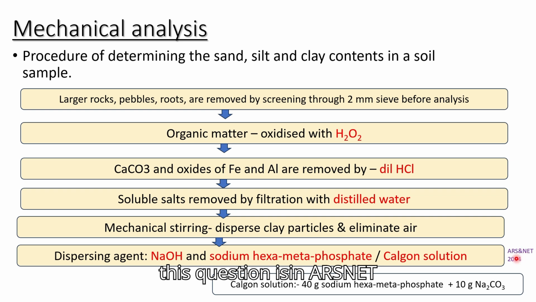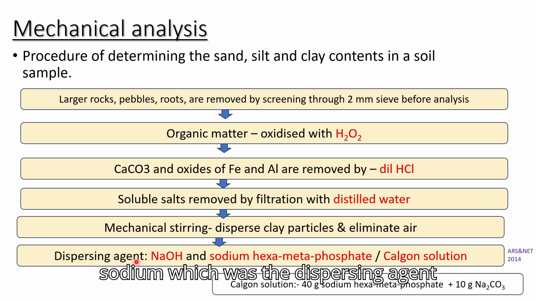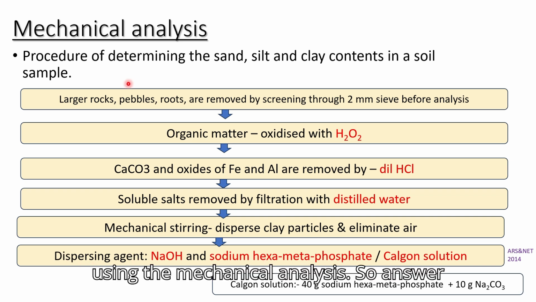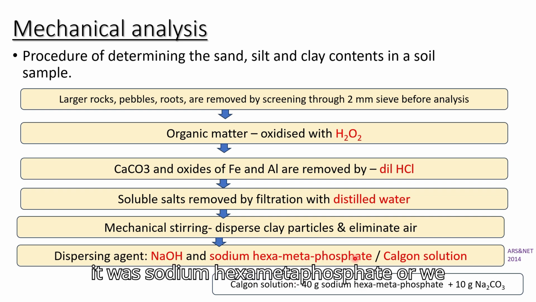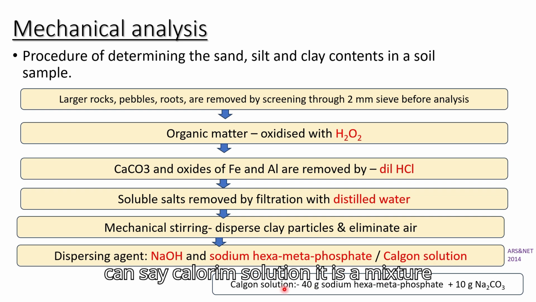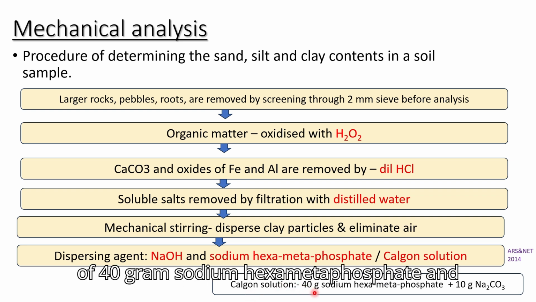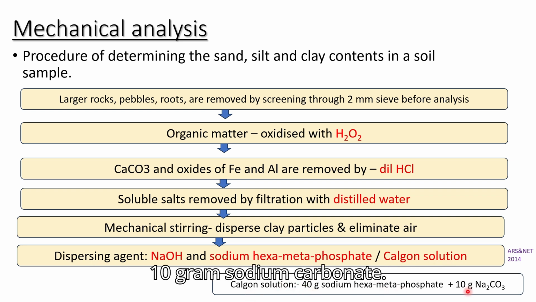This question was asked in ARS NET 2014: which dispersing agent is used in mechanical analysis? The answer is sodium hexametaphosphate, or we can say Calgon solution. It is a mixture of 40 gram sodium hexametaphosphate and 10 gram sodium carbonate.